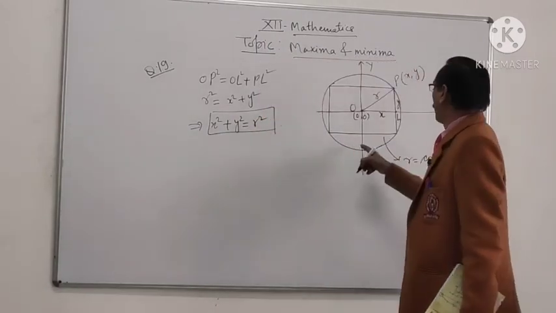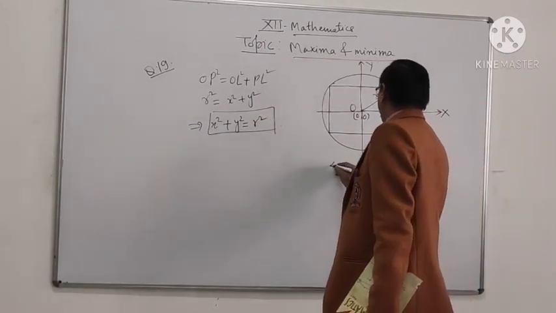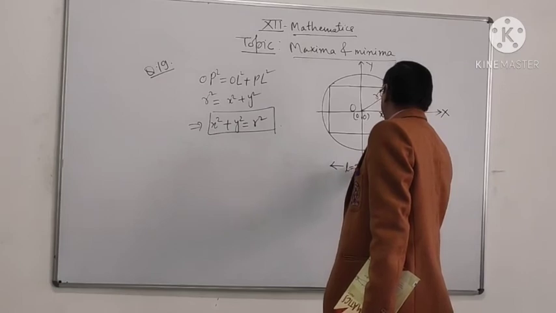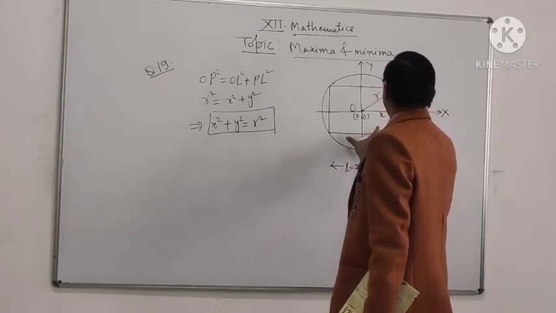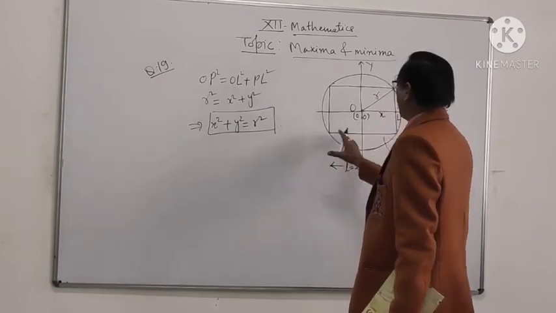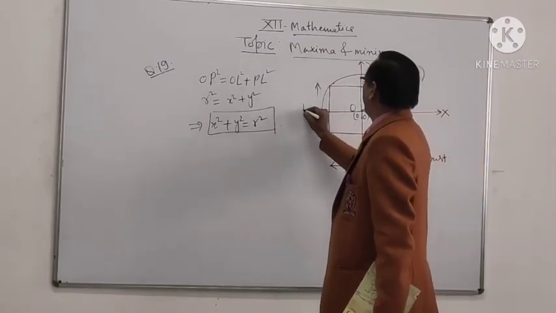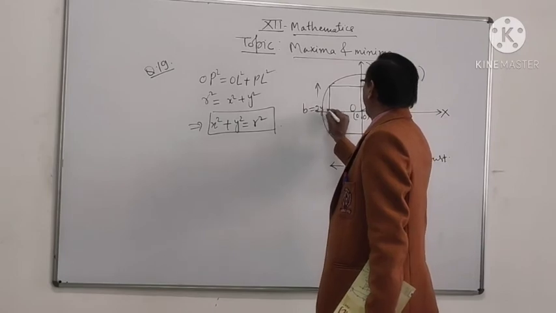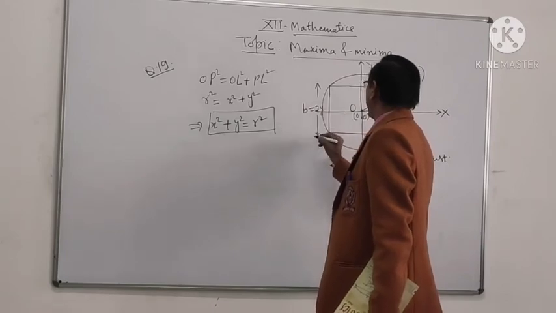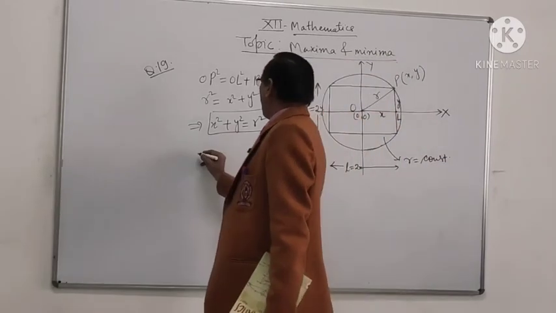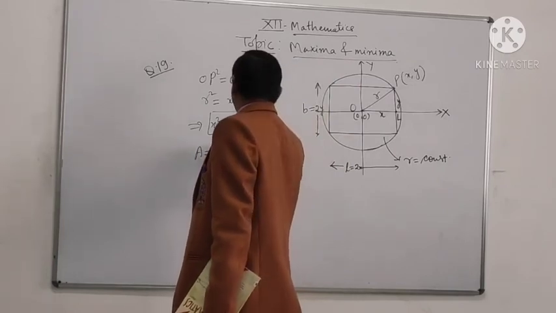Now length of the rectangle L equal to 2x. This part is 2x because it is x, so it will be 2x. It is breadth B equal to 2y. So area of the rectangle is length into breadth.